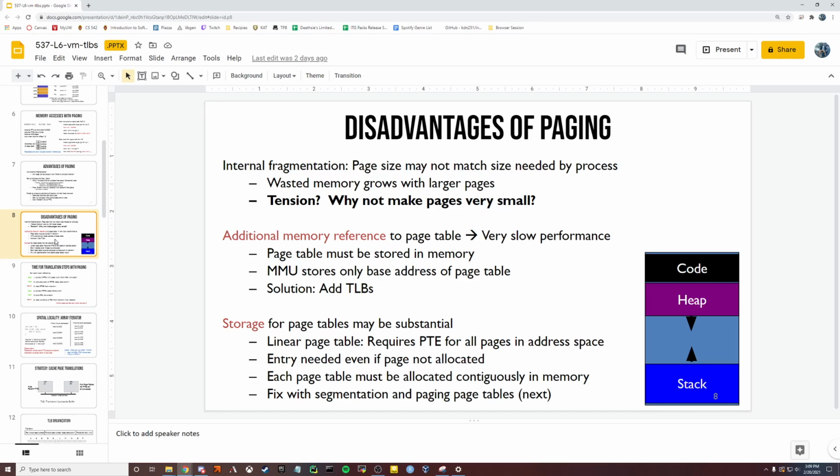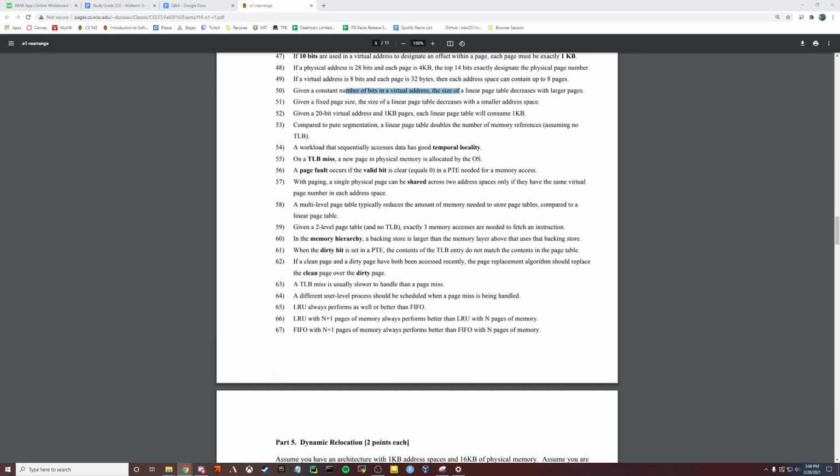Or is that not the title of that slide? Yeah, disadvantages of paging. It was something she drew that I happened to copy. Okay, I did not copy what she drew there. Let's see if I can screenshot this and put it in the Discord.